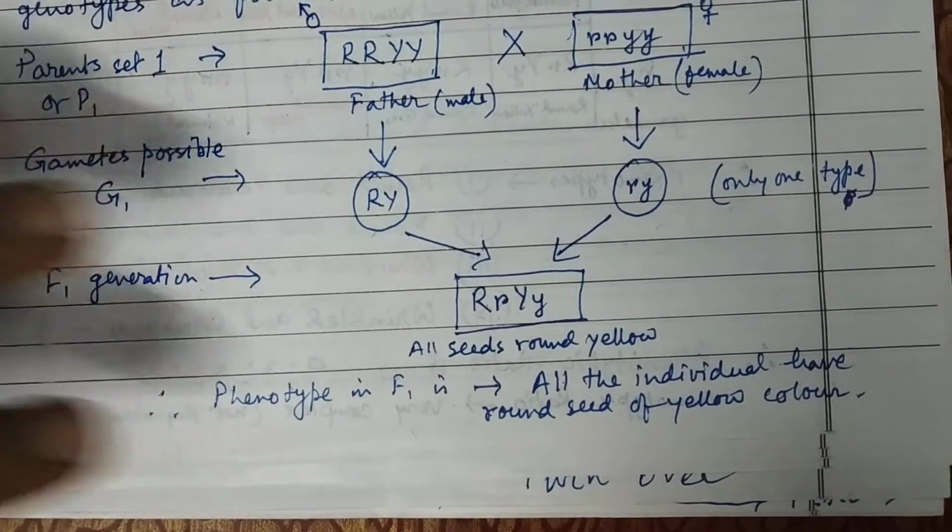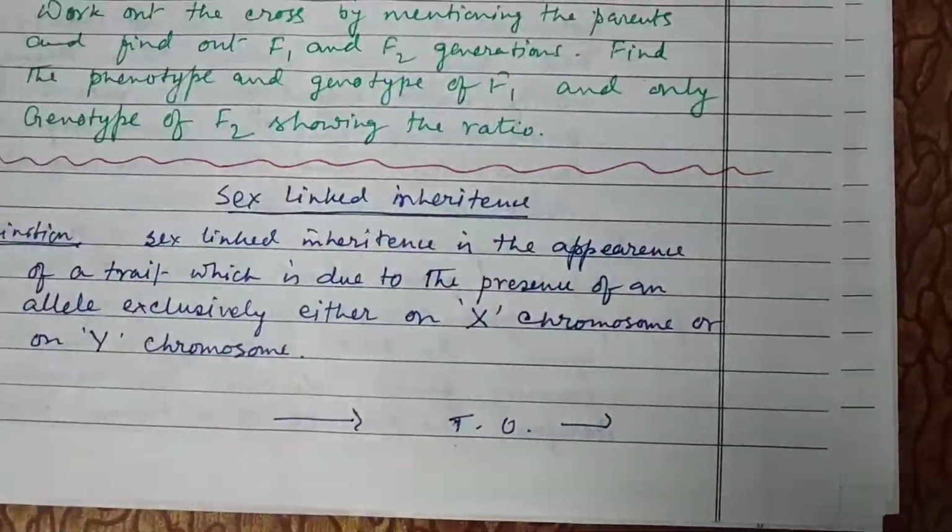Remember, in case of F1, a ratio does not form because all the individuals or progeny show one appearance and have heterozygous condition. Focus on this.